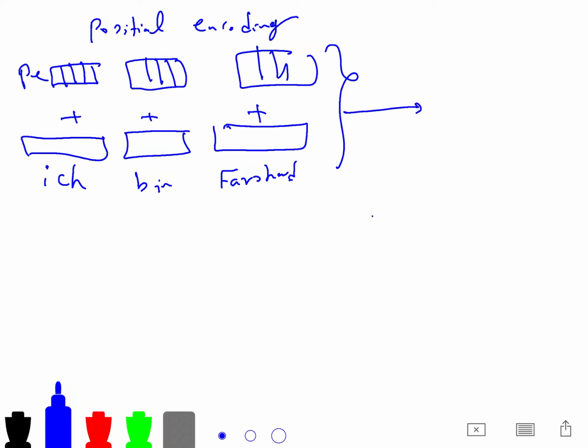Finally, you get embedding with time signal, meaning x1, x2 and x3, and now you're ready to pass it to the encoder. So the first part is just positional encoding.